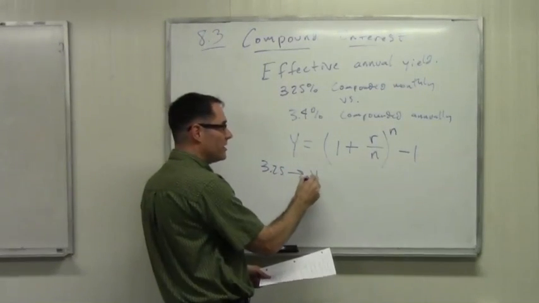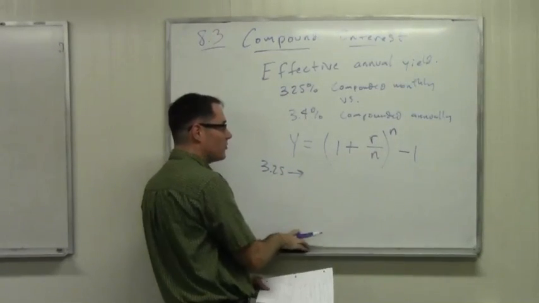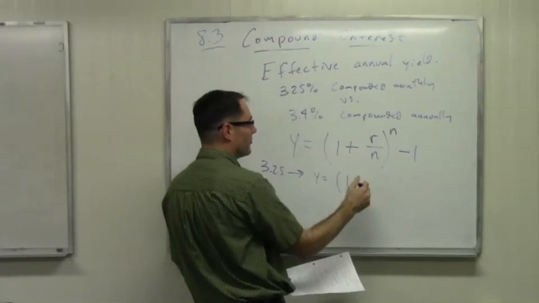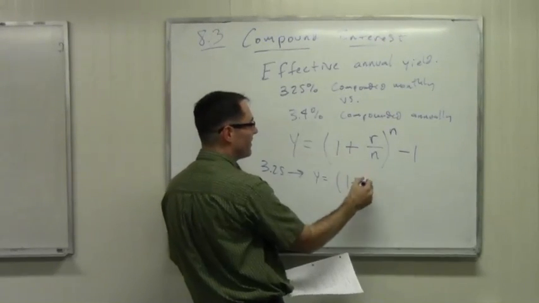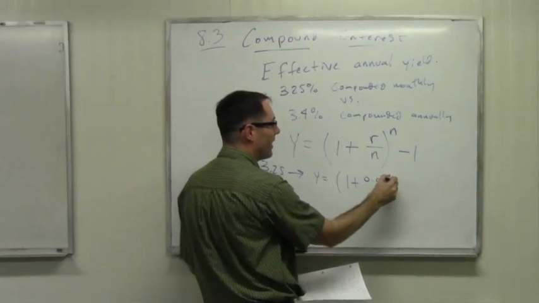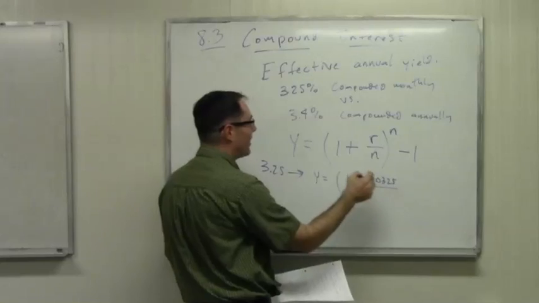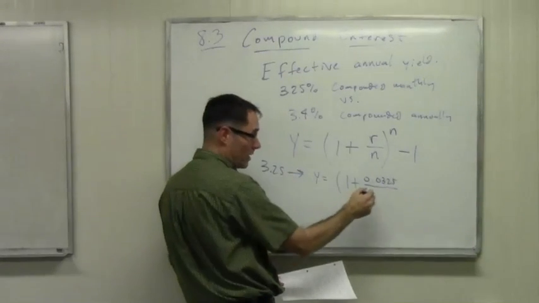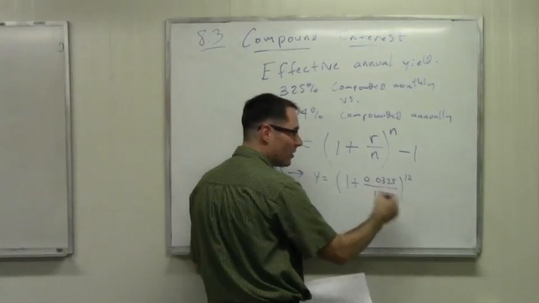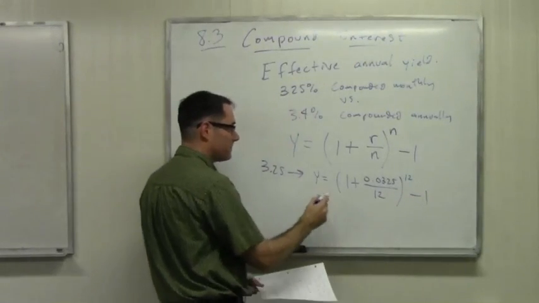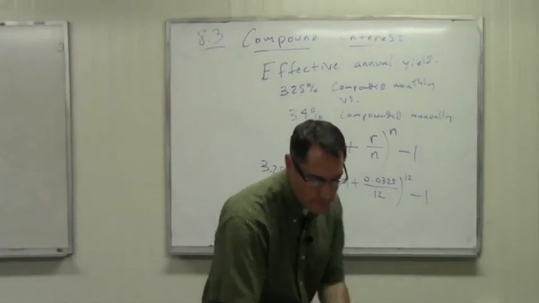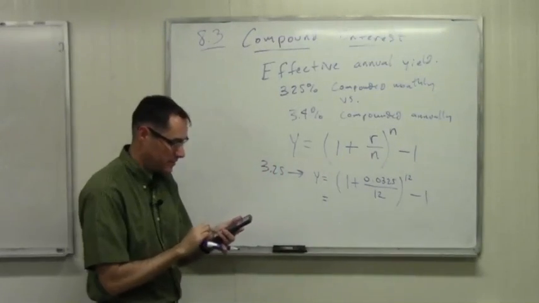For the 3.25 case, our effective annual yield is going to be 1 plus the rate, which is 0.0325, divided by, we're doing it monthly, which is 12 times per year, raised to the 12, and then after you do all that, subtract 1. And that should give you a number in percent form.